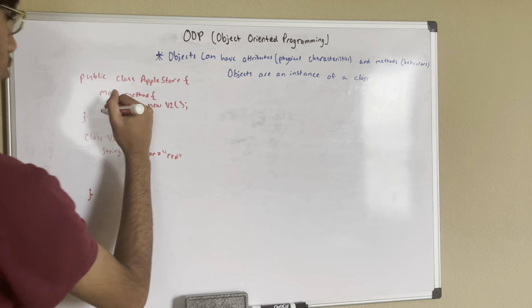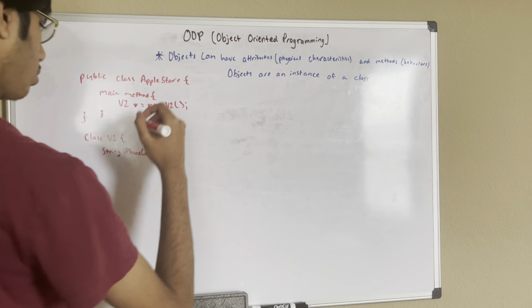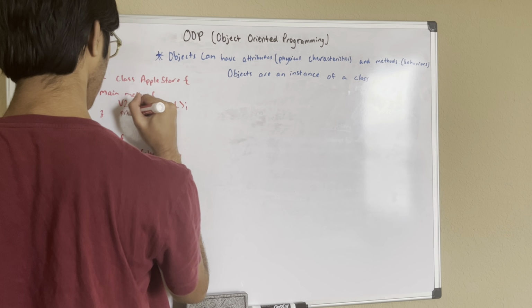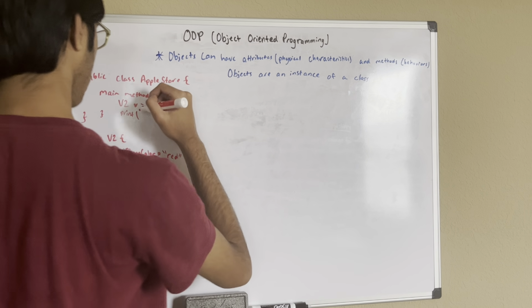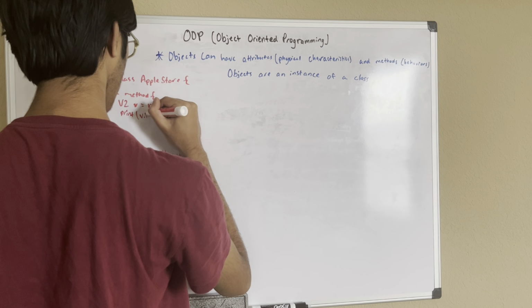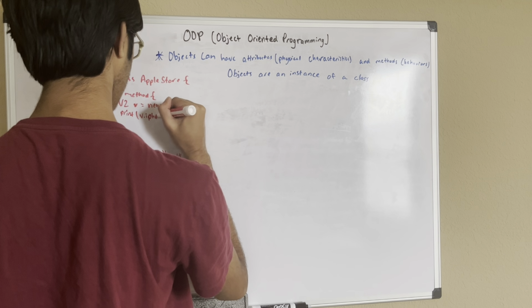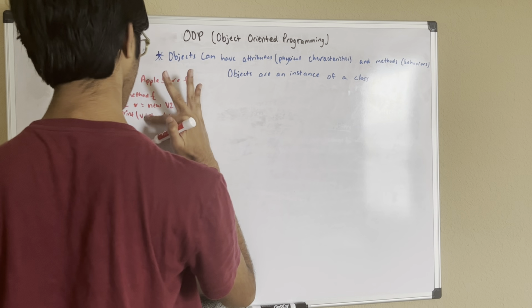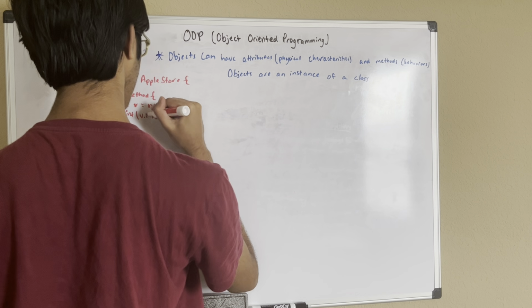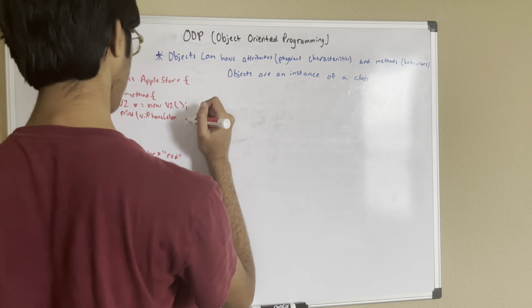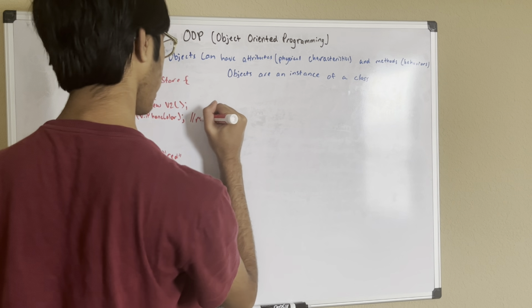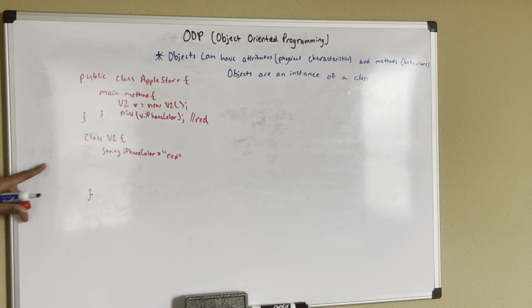And then what we can do is print v dot iPhone color. That should be a capital P. You're going to get an error saying that that's not defined, but you should get the gist. What that's going to do is print red, because that's what we defined in this class.